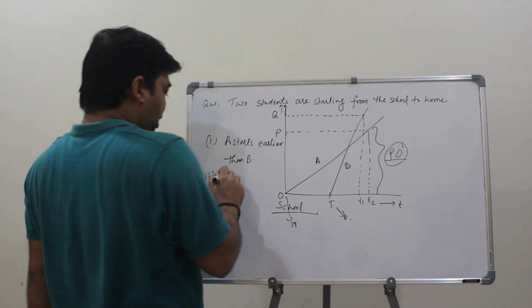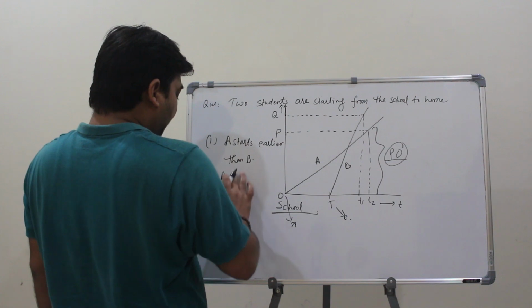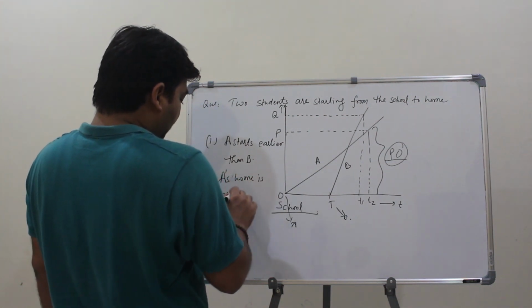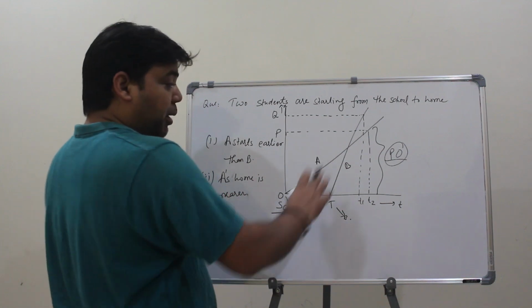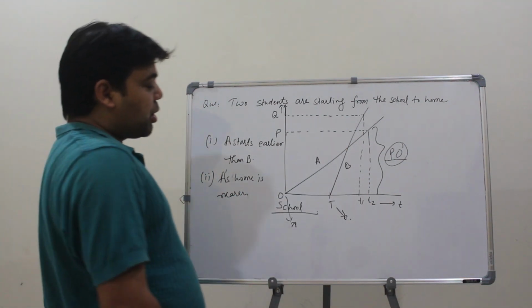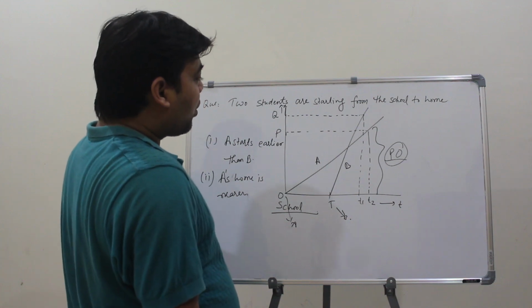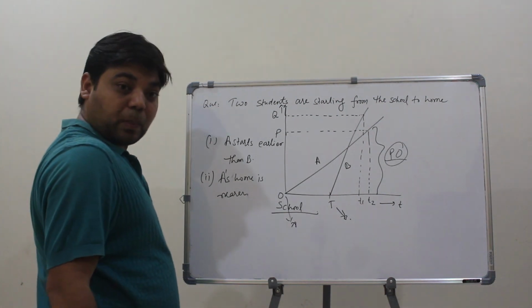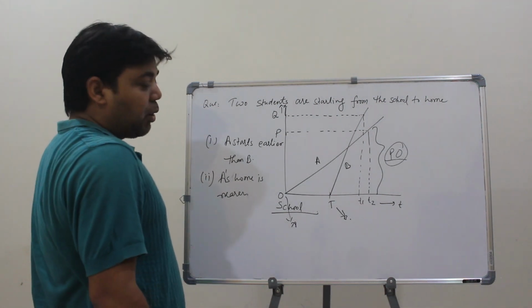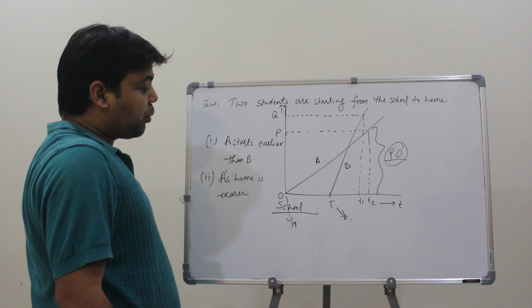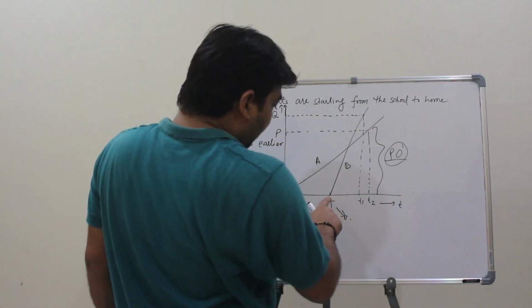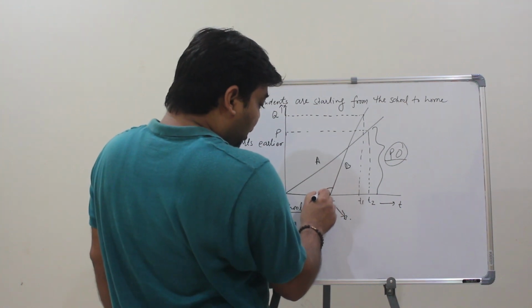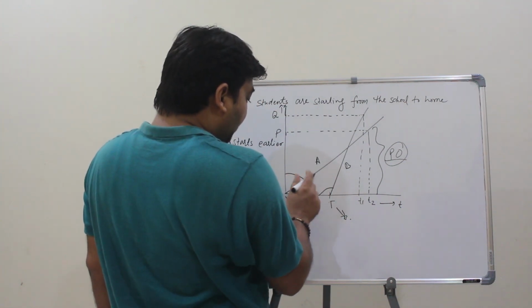So A's home is nearer than B's. Now another question is: who reaches home earlier? If you look at it very carefully, B, who starts later, its slope is higher, right?